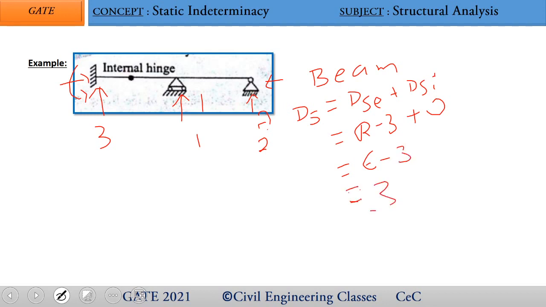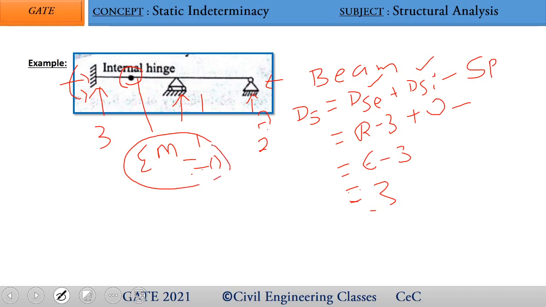But see here, there is an internal hinge present. So when there is an internal hinge, the actual formula for static indeterminacy is external plus internal minus some special cases. So if there is an internal hinge, what is the extra equation? That is sum of the moments equal to 0, which is going to be added. Okay. So this is an extra equation that we will have.